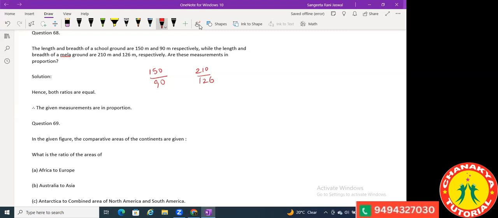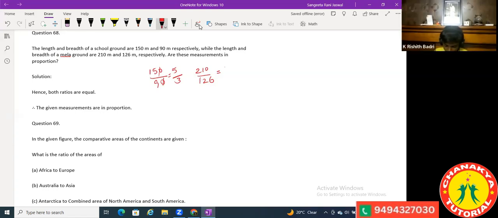For 210 and 126, you use the table of 3 here. Yes, ma'am.